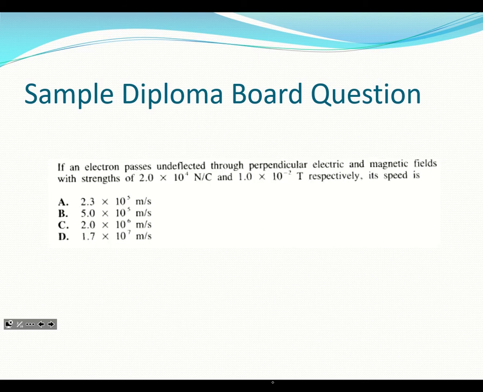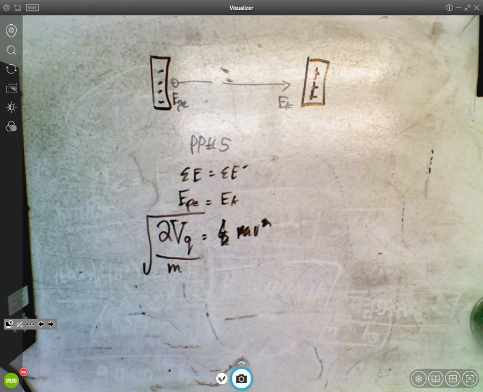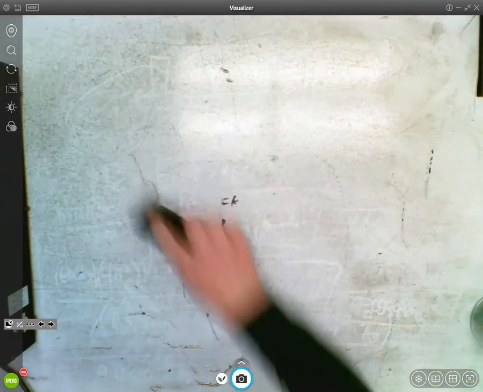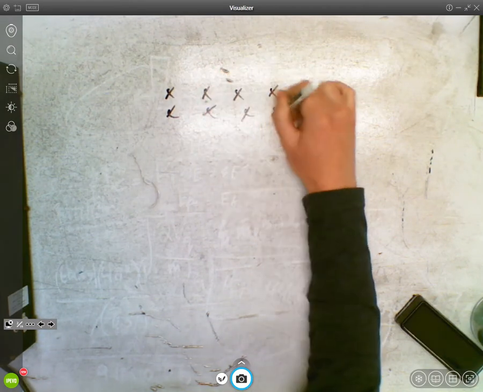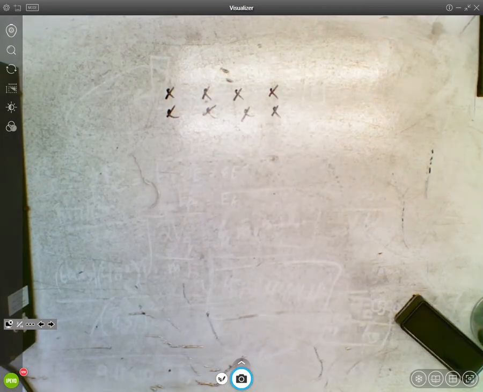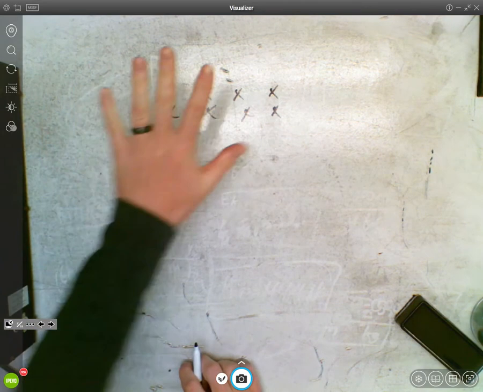Okay, this one: an electron passes undeflected through a perpendicular electric and magnetic field with strengths of those. Determine the speed. This is talking about the velocity selector region, where they go through undeflected. What that means is they pass through a magnetic field, and they're electrons, so I'd use my left hand here.